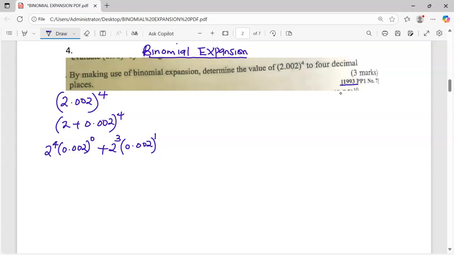Remember, the powers of 2 will go down as the powers of the decimal part go up, plus 2 power 2 multiplied by 0.002 raised to the power of 2, plus 2 power 1, we multiply by 0.002 power 3, plus lastly 2 power 0 into 0.002 raised to the power of 4.